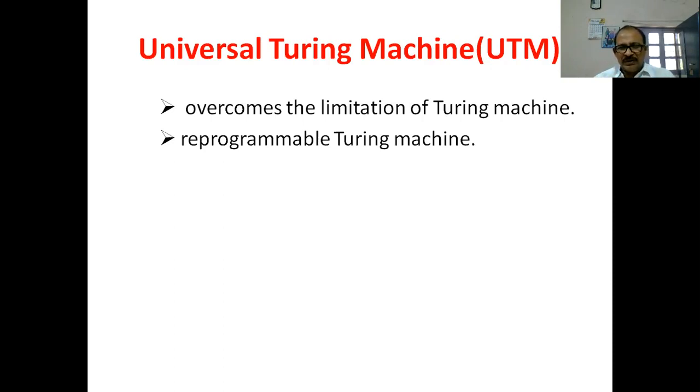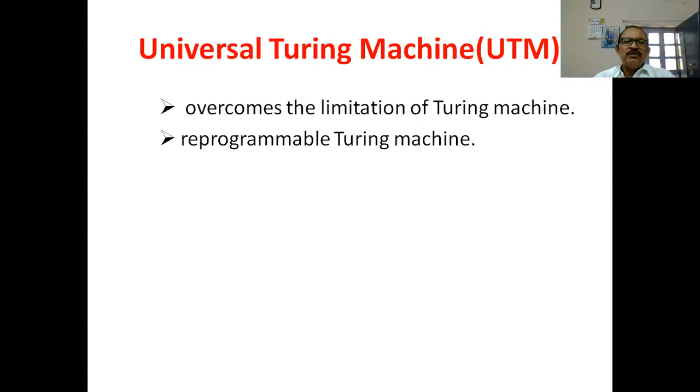The Universal Turing machine takes the description of a Turing machine and inputs, and depending on the instructions specified in the description, it works.